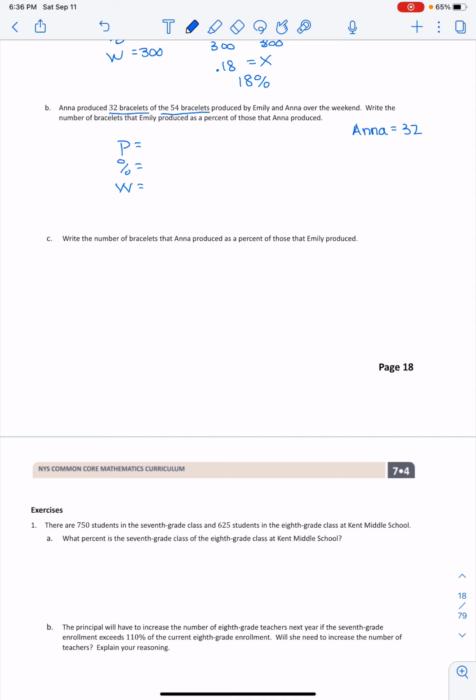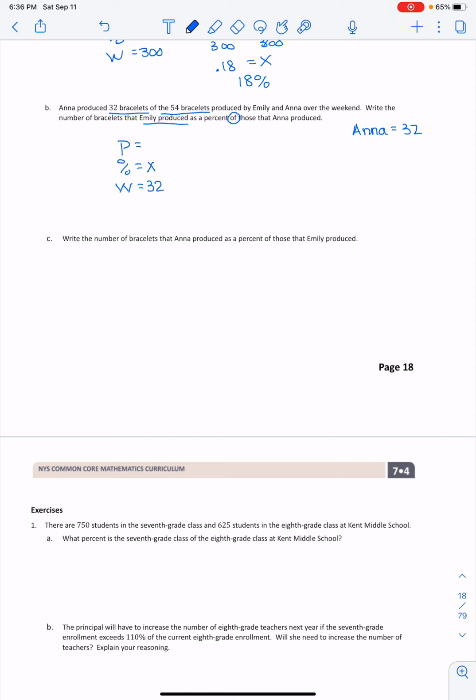And what this is asking us to do is to write the number of bracelets that Emily produced as a percent. And remember what we talked about, of those produced, those that Anna produced. So the W is the ones that Anna produced, that's 32. And the percent Emily produced has to be the part.